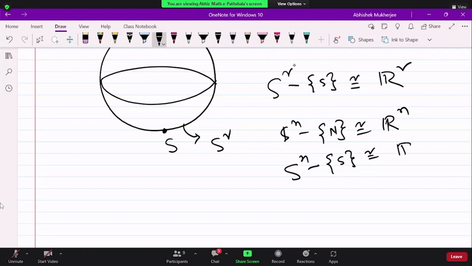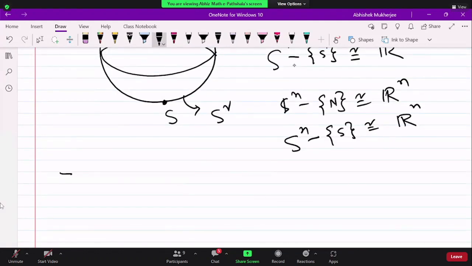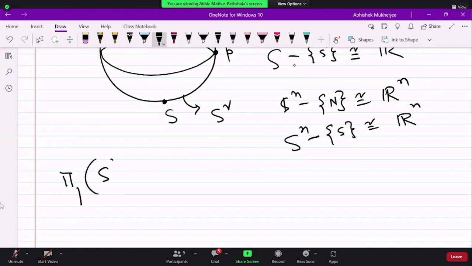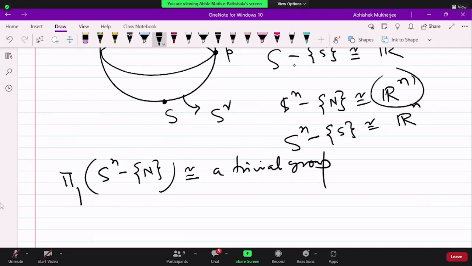And since they are homeomorphic, if you take a point P here, then pi 1 of this will be a trivial group, right? Because R^n is contractible.